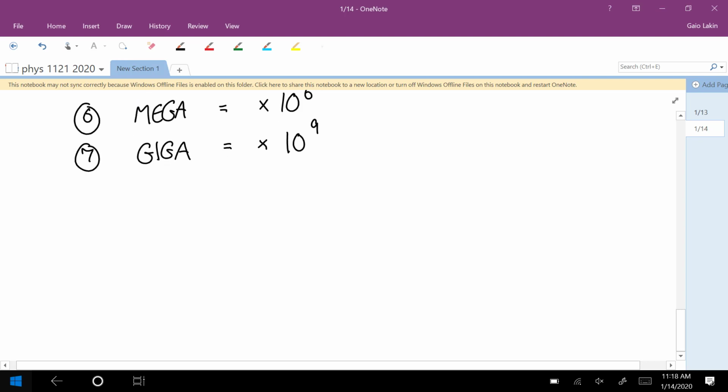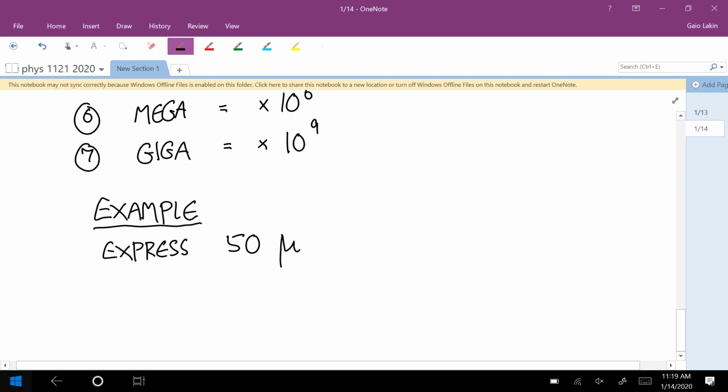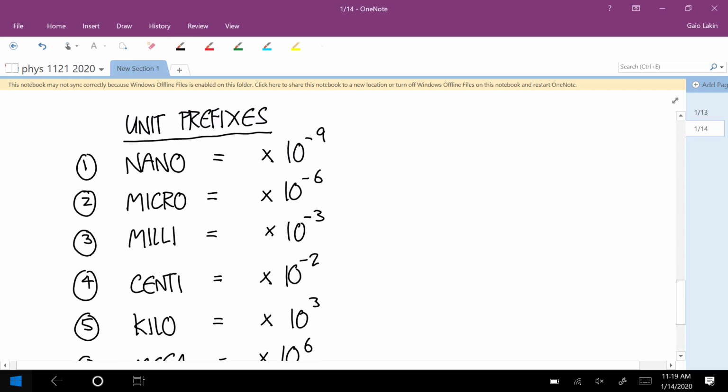So if you have to go back and forth between things with prefixes, let's say express 50 microseconds. I guess, so I didn't give these abbreviations, but nano is represented with a lowercase n.